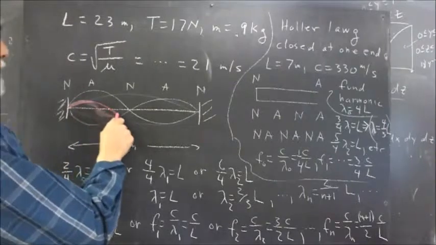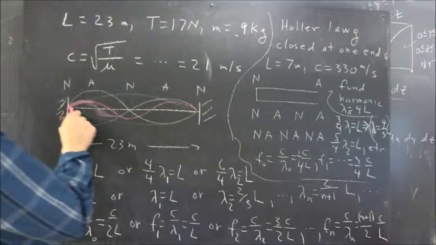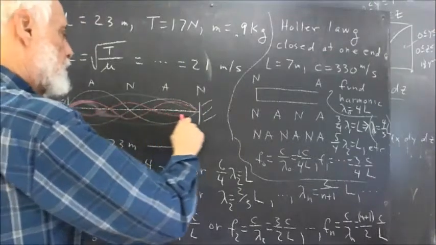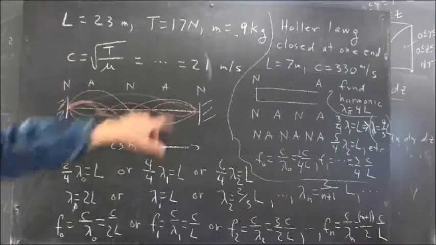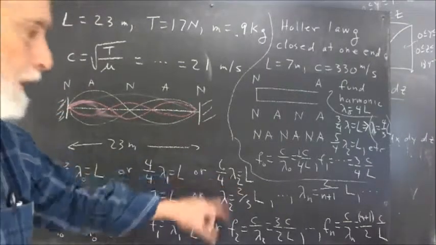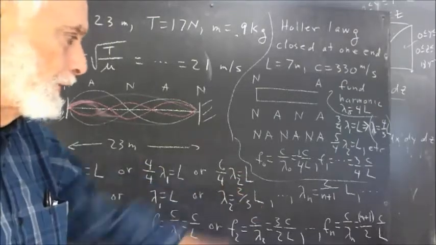We have this, and then we're down here, and then we're up here, and then we're here. I wasn't thinking very clearly when I did that, but right there is the configuration you would have for the second harmonic. 6/4 of lambda 2 equals L, so lambda 2 is 2/3 L.